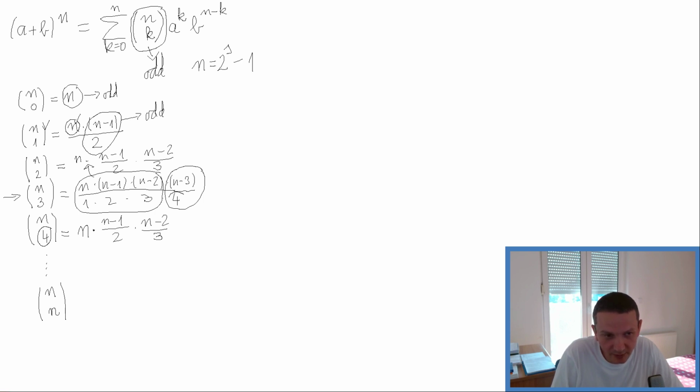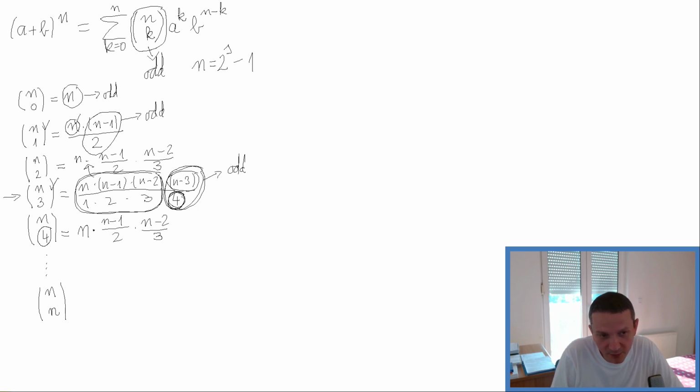We know that this n over 3 is odd, so it is not divisible by 2, let alone by 4. So this n minus 3 should be divisible by 4. And as the whole coefficient should be odd, this n minus 3 over 4 should also be odd. And so on.